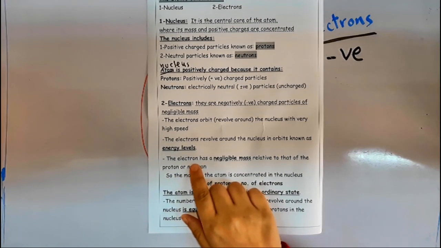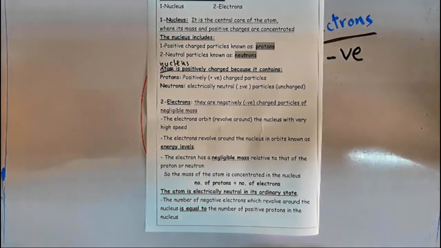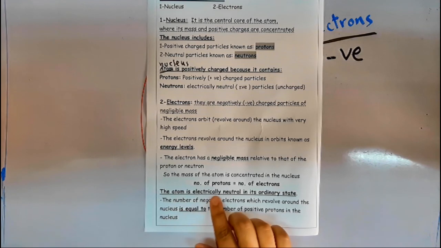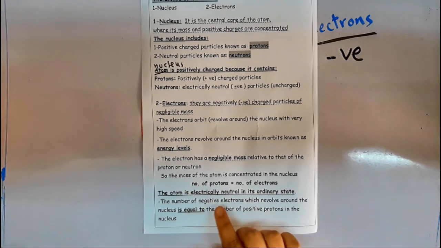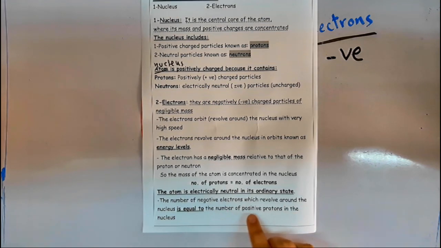And when I ask you, give reason, the atom is electrically neutral, I will say because the number of positive protons equals the number of negative electrons, or the number of negative electrons which revolve around the nucleus is equal to the number of positive protons in the nucleus.